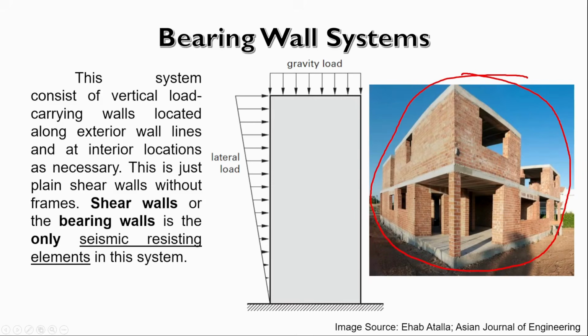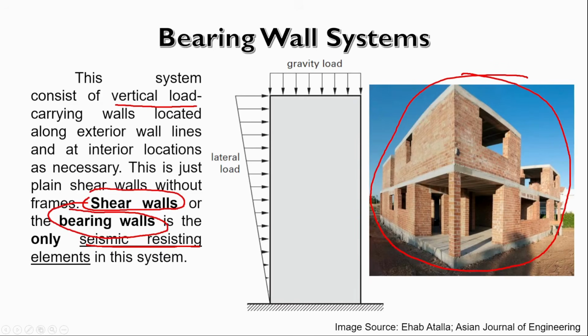As you can see, we cannot find any frames here. The only element that resists both the vertical load and the seismic loads is the shear walls or the bearing walls.